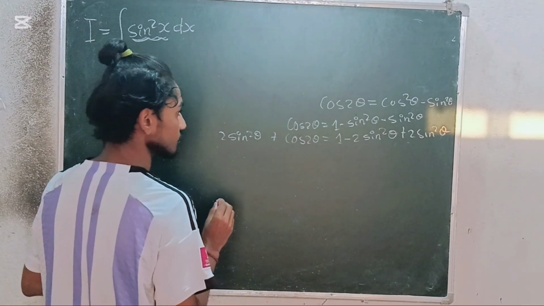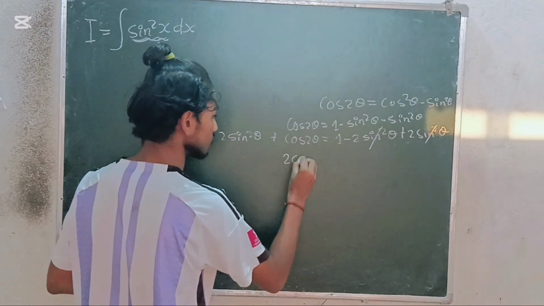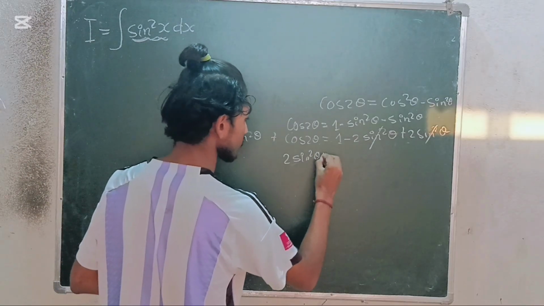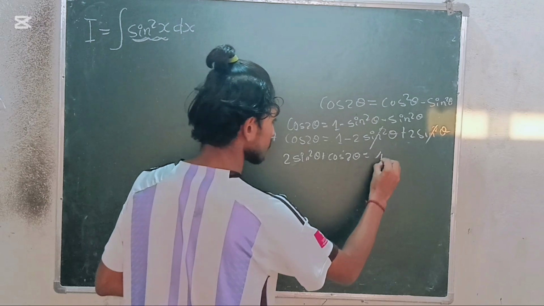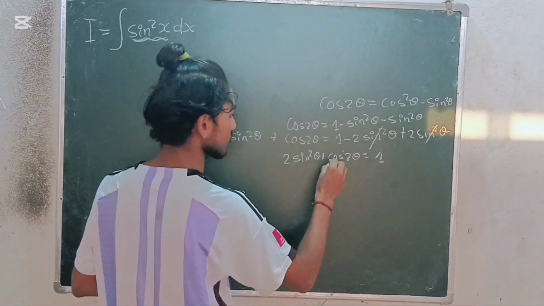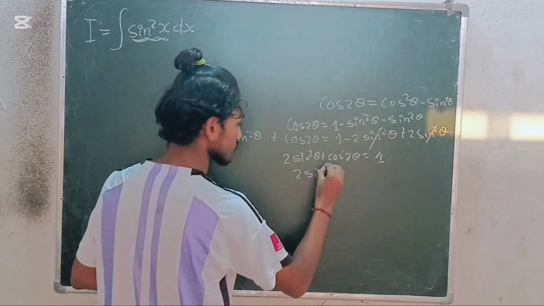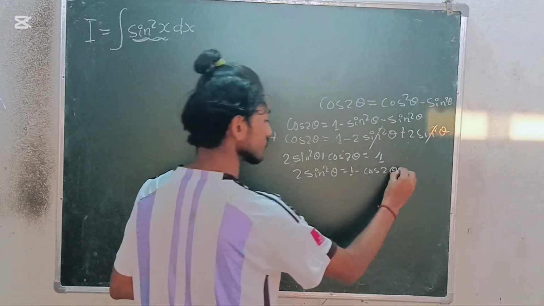Now this is going to cancel out, and what we are left with is 2 sine squared theta plus cosine of 2 theta equals 1. If you do the similar manner for cosine of 2 theta on both sides, we get 2 sine squared theta is 1 minus cosine of 2 theta.